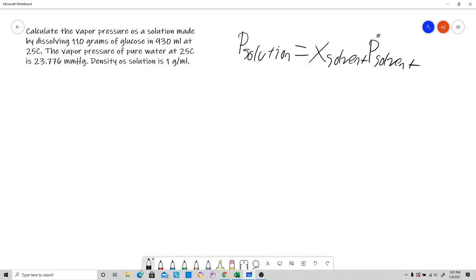We know it right here in the problem. It says the vapor pressure of water, so of the solvent, is 23.776. So that's good.